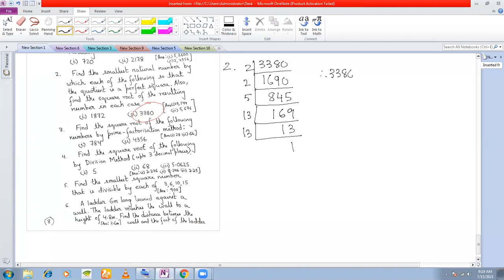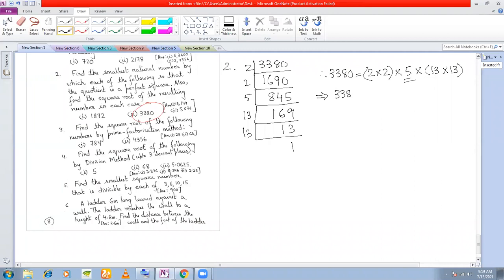So therefore, what are we getting? 3380 is equal to 2 into 2 into 5 into 13 into 13. This time here they are asking you what should be the quotient, right? What should be divided. So that means we want to remove this 5, so we divide both sides by 5.